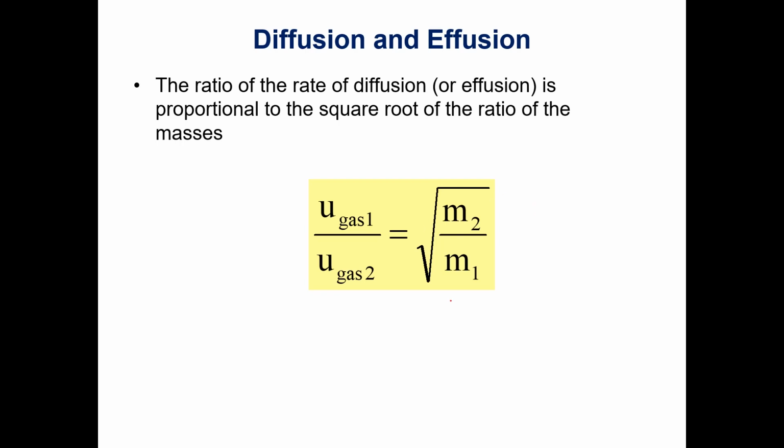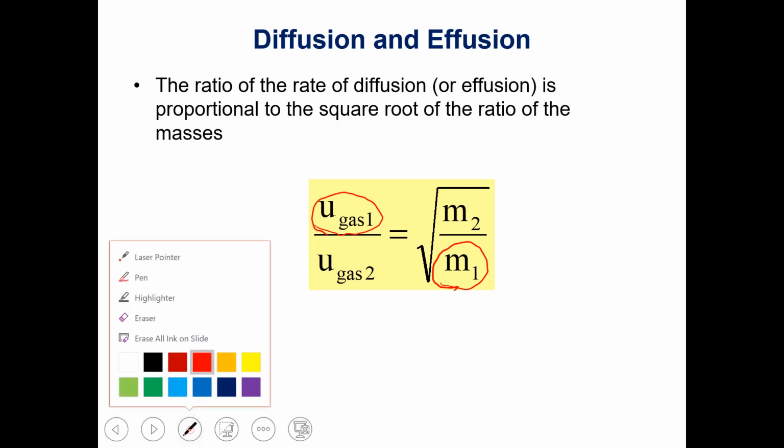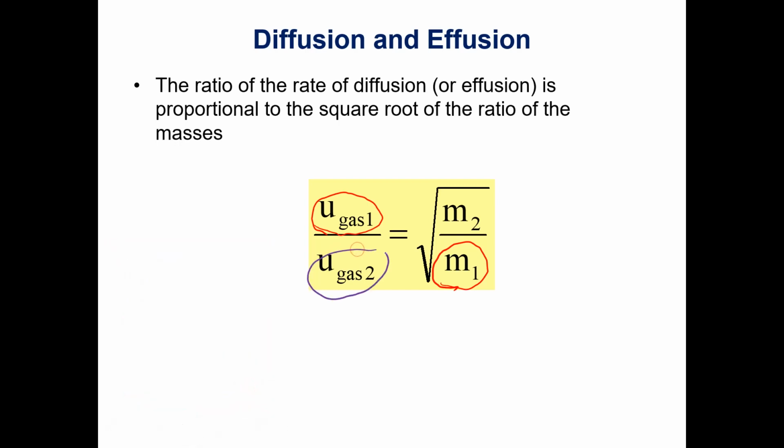If you look at the equation here, you will notice the rate for gas 1 is on the top of the first side and the mass is on the bottom side. The rate for gas 2 is on the bottom of the first side and on the top of the second side.